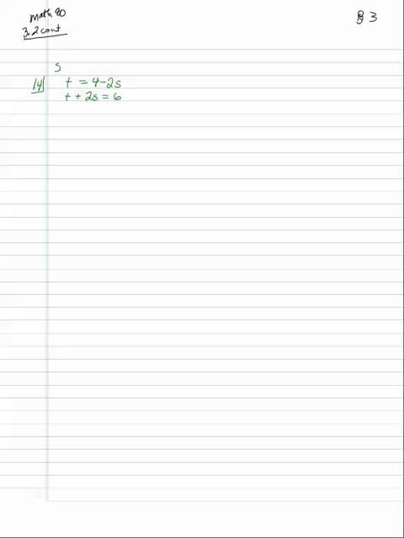I'm going to solve it by substitution. Since equation 1 is solved for t, step 1's done for me. I'm going to put in 4 minus 2s for the t, drop the parentheses, combine like terms.